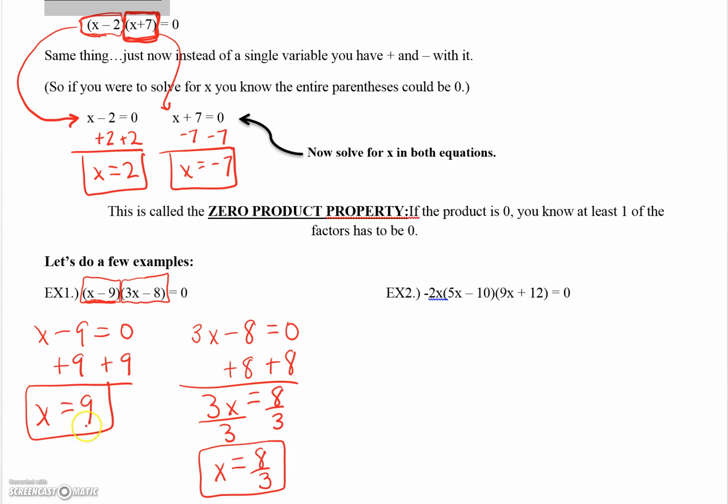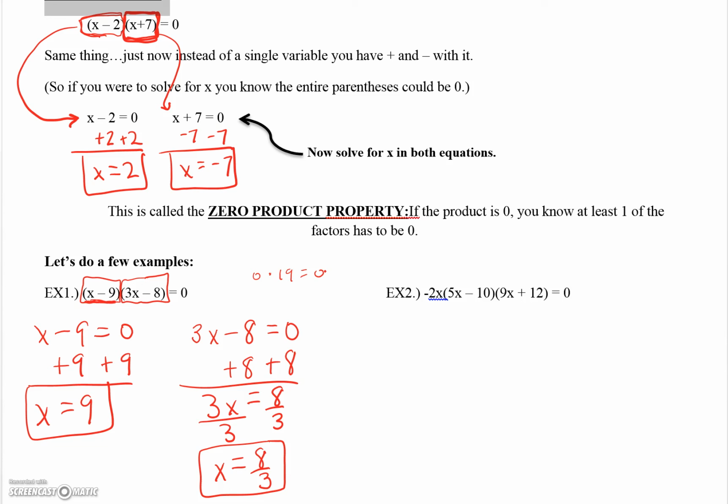So let's just double check. If I plug in 9 up here, I get 9 minus 9, which is 0. And then I get 3 times 9, which is 27, and 27 take away 8 is 19. Is 0 times 19 0? Yep.